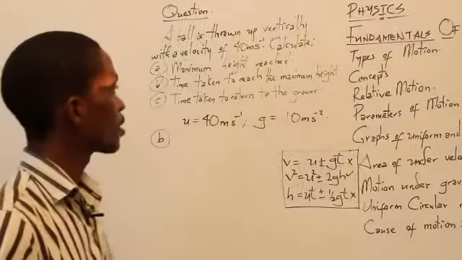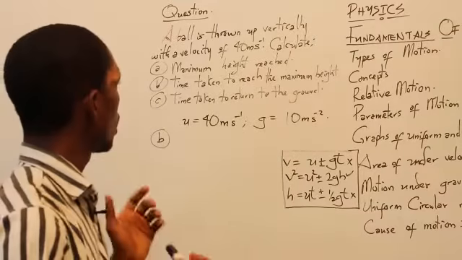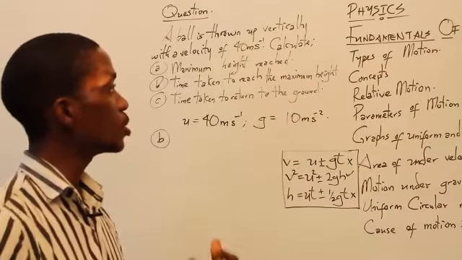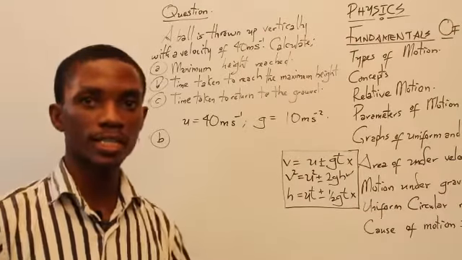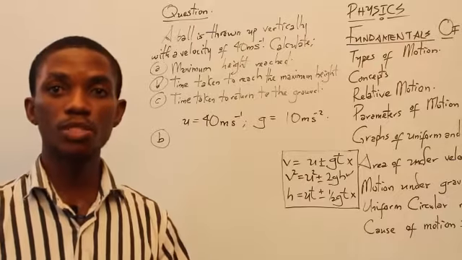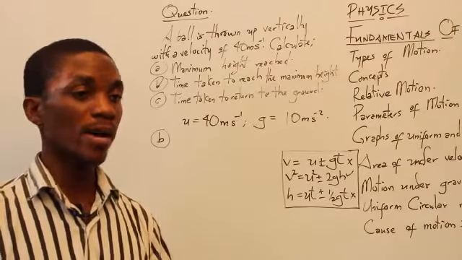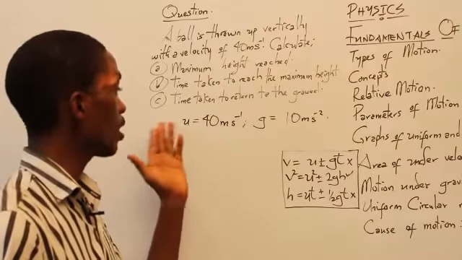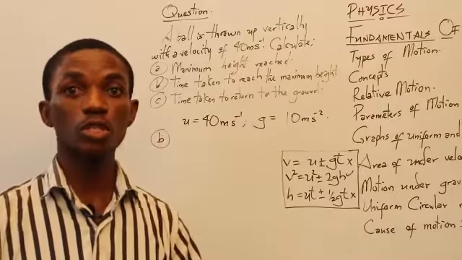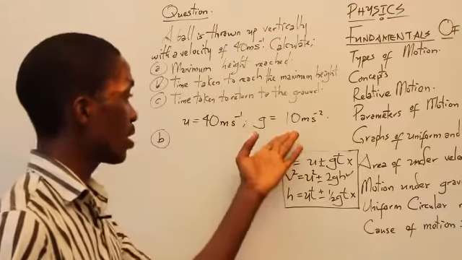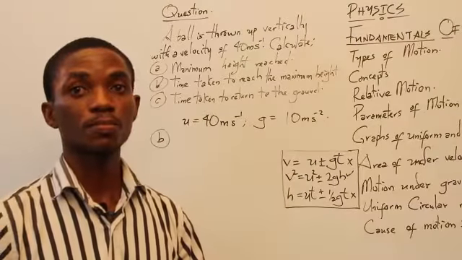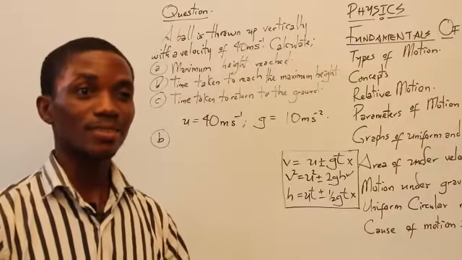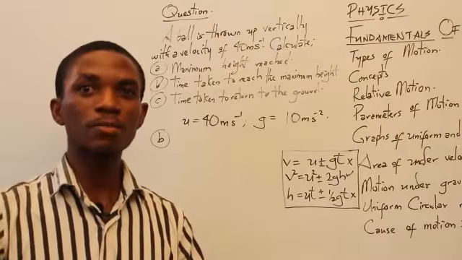All right, the second question asks the time taken to reach the maximum height. Let's bear in mind we still have our given parameters: the initial velocity with which it was projected and our acceleration due to gravity. We're still pointing to that maximum height.